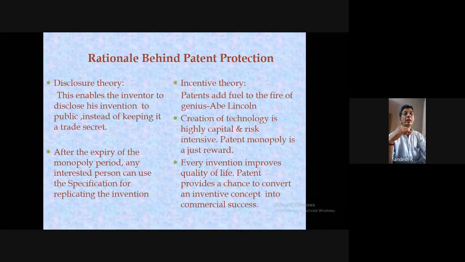Yeah, every invention, we should remember this, improves the quality of life. Whatever things we are using today have been patented at one time or another, and they have improved life. It could be a medical product or an electronics product; certain things have lost their patent validity, but definitely they have improved the quality of our life.